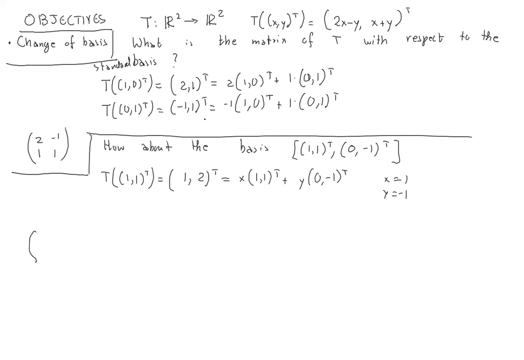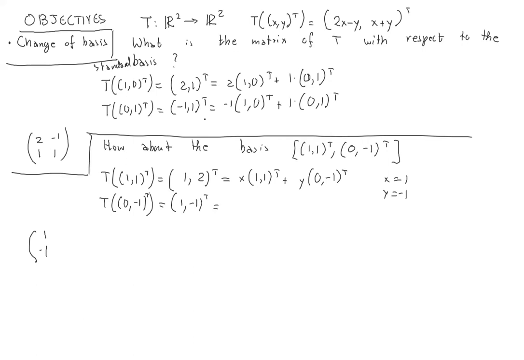So this means that you will have the column 1, negative 1. And if you compute T of (0, negative 1), practically we did that in the previous matrix. So you will get (1, negative 1).